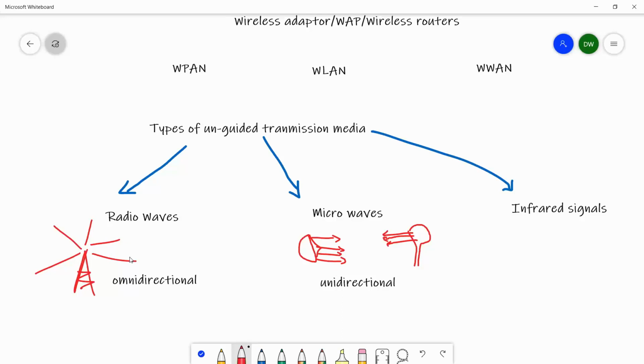So when it comes to radio waves, the frequency of the signals is lower than the frequency we use for microwaves as well as the frequency we use for infrared signals. For example, radio waves have a frequency of about 3 kilohertz to about 1 gigahertz, right?